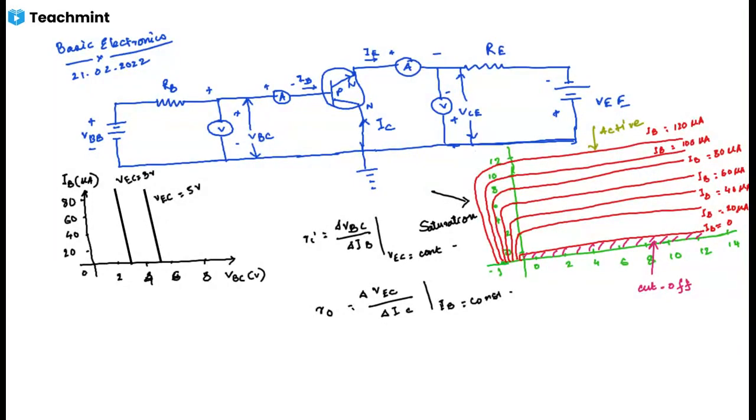Okay. So the current amplification factor gamma can be written as delta IE by delta IB. The current gain of a common collector amplifier is very high.